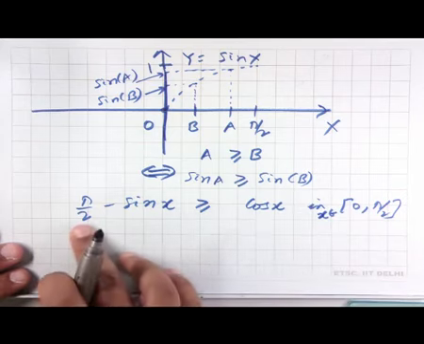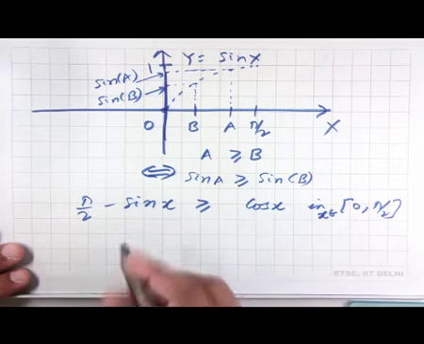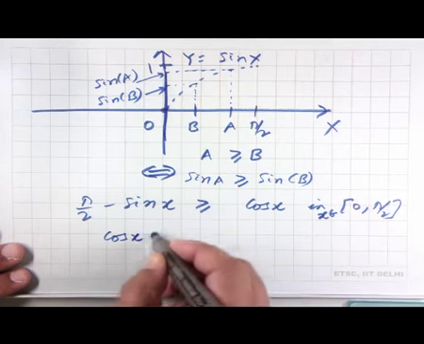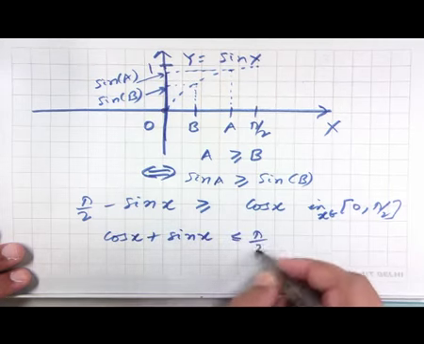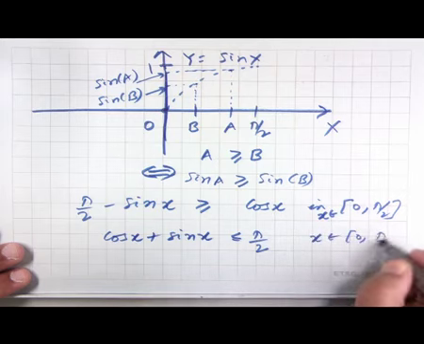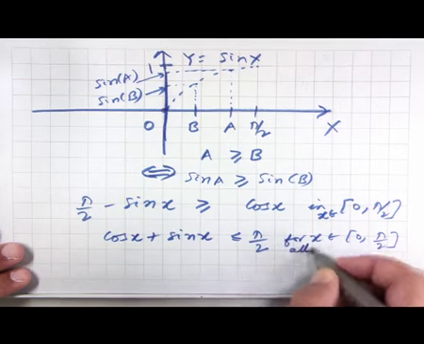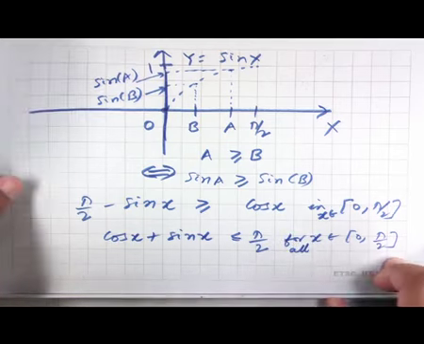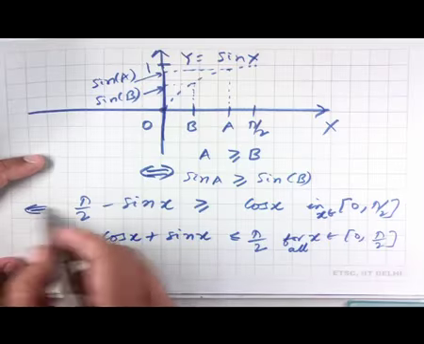So let us further examine this particular inequality. Showing this is equivalent to showing that cos of x plus sine of x is less than or equal to pi by 2 for all x in the interval 0 to pi by 2. So, we try to show this on the next slide. These two are equivalent statements.